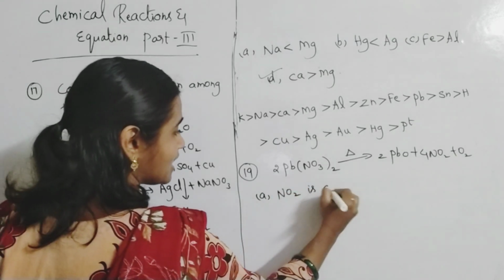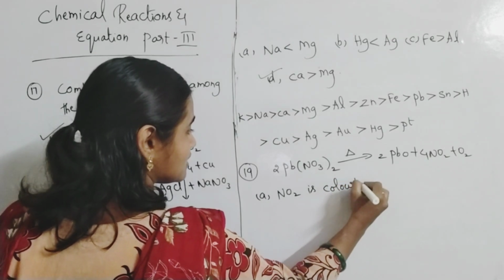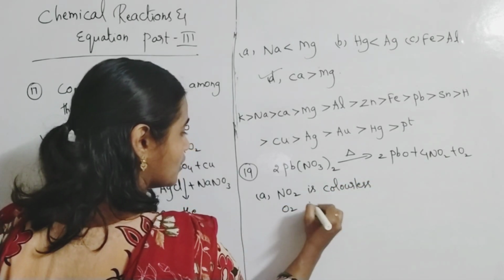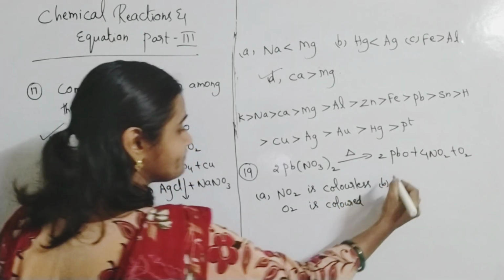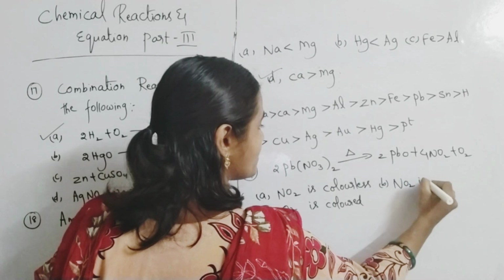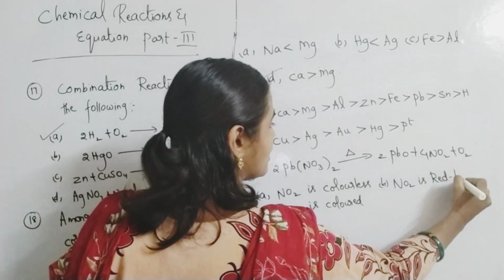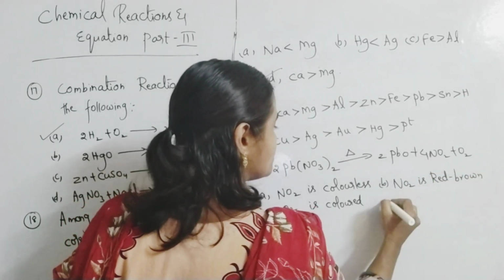Option A: NO2 is colorless, O2 is colored. Option B: NO2 is reddish brown, O2 is colorless.